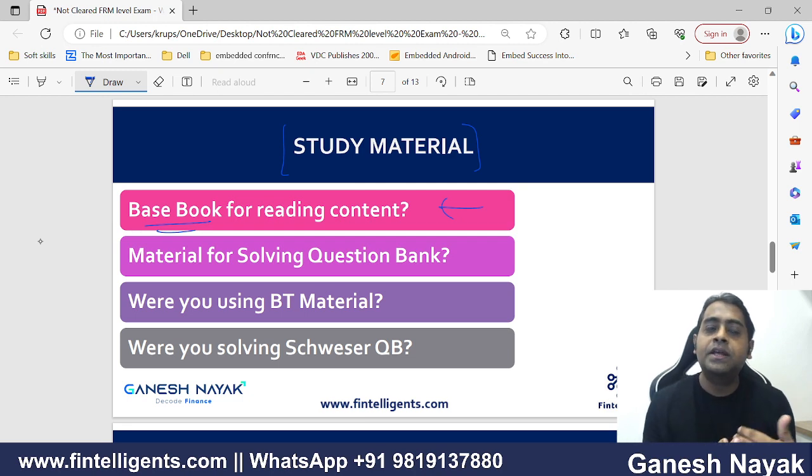They start with Schweser and then somebody tells them, don't read Schweser, go through the GARP book or the BT book, and they change their book. So was the base book that you were using constant? Whether you have been able to read the entire base book properly is very, very important.